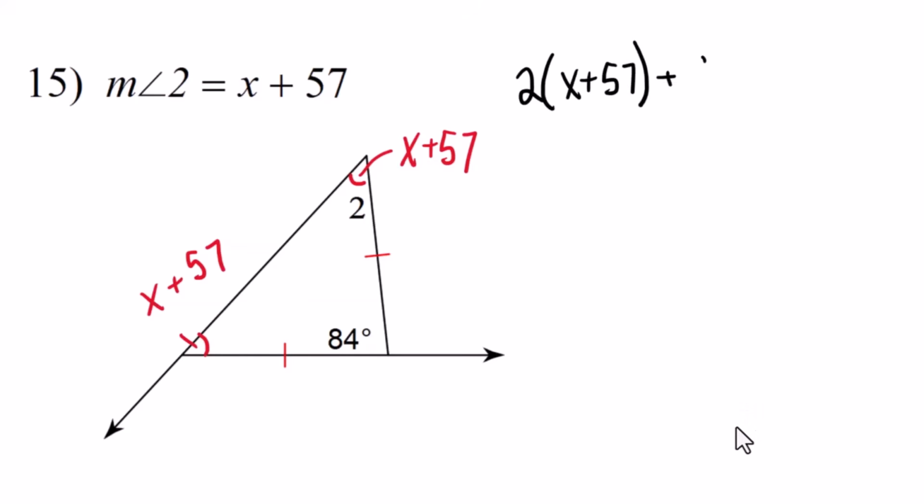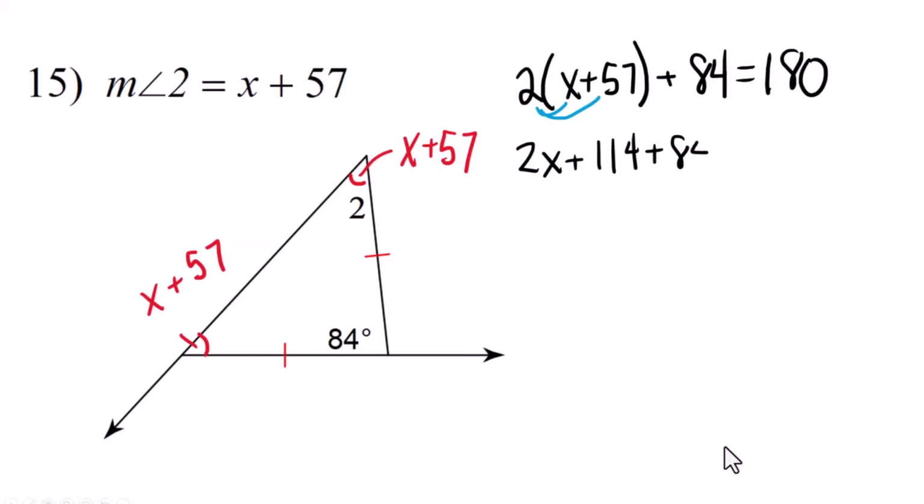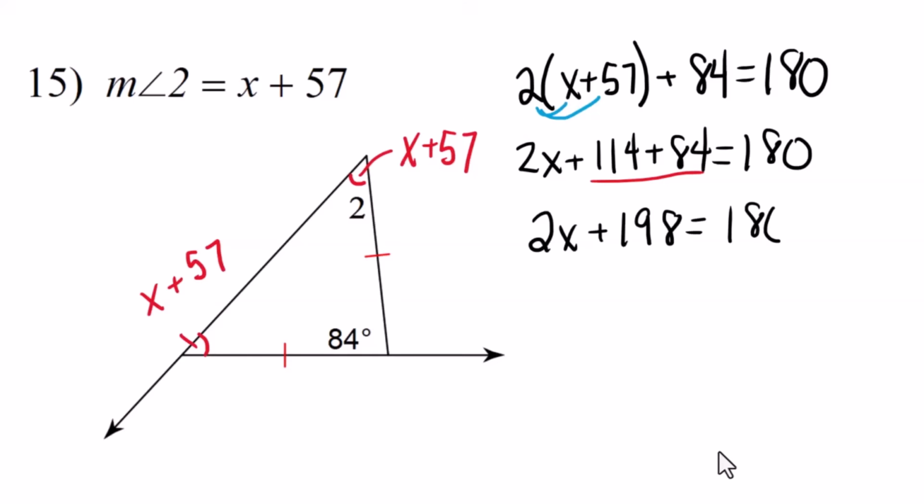I have 2 of those x plus 57 angles plus the 84 is going to equal 180. Let's do distributive property. We get 2x plus 114 plus 84 equals 180. Add those two together. We get 2x plus 198 equals 180.